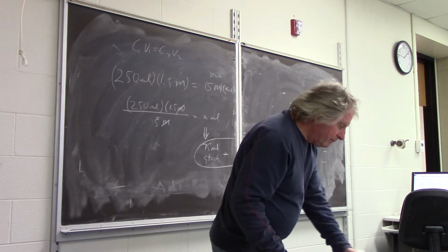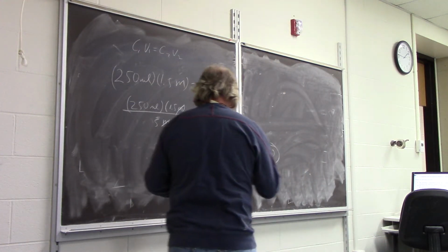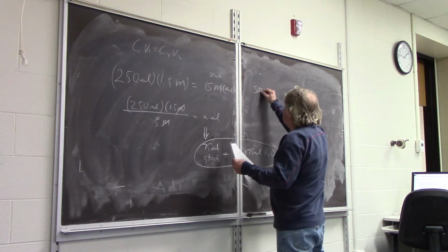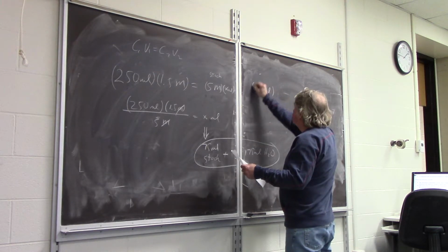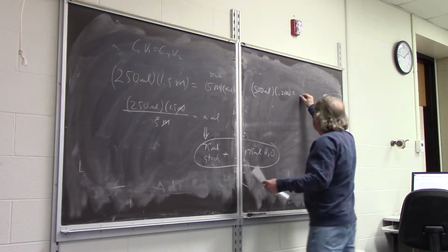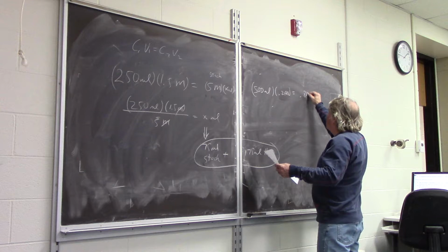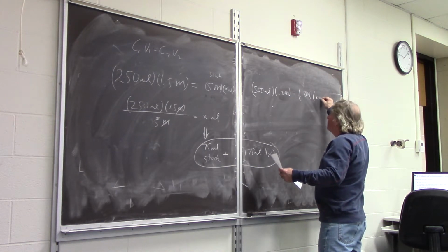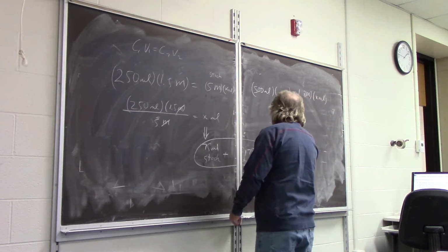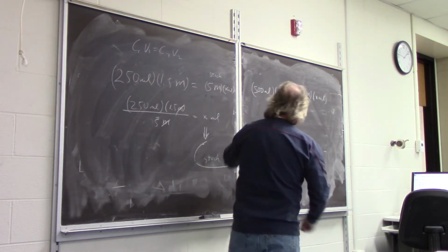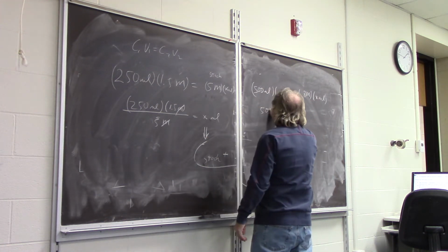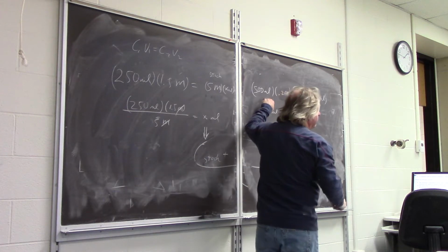Okay, and the second one here. So C1V1 equals C2V2. What you're doing is you're finding moles.